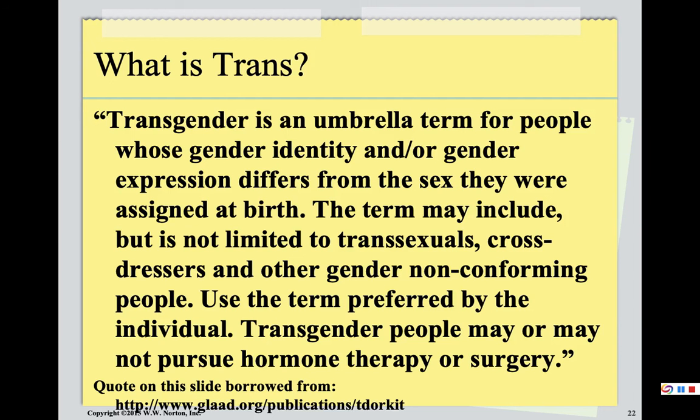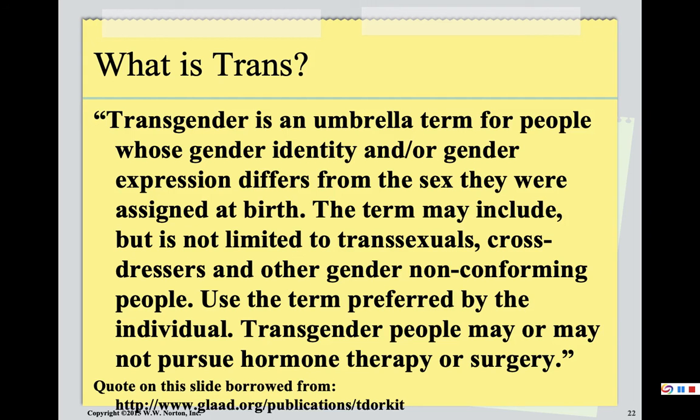The opposite, or another term to counterbalance transgender, is cisgender, C-I-S gender, and all that means is the gender identity that you were assigned based on your sex category at birth matches how you think of yourself. So if you were born with female genitalia and you were assigned the category of woman and you think of yourself as a woman, you are cisgender.